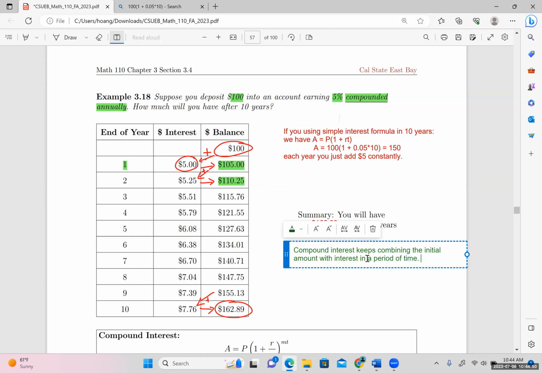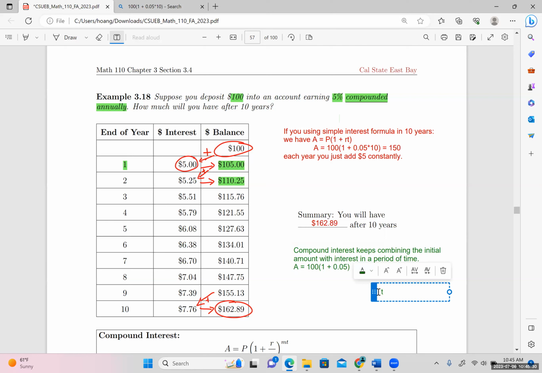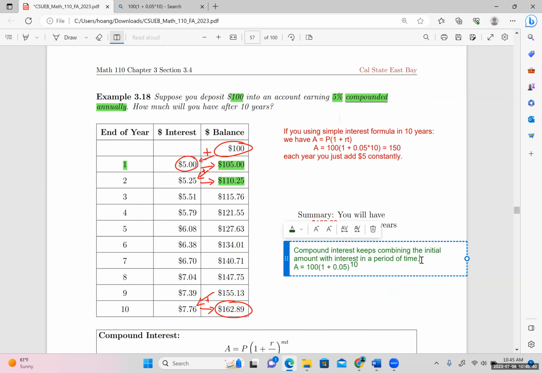Now the formula looks like this: A equals 100 as the initial amount, multiplied by (1 plus 0.05) raised to the power t, or maybe I say 10.